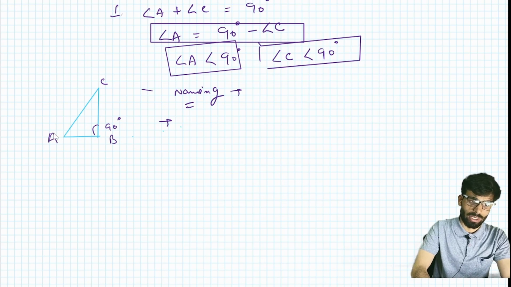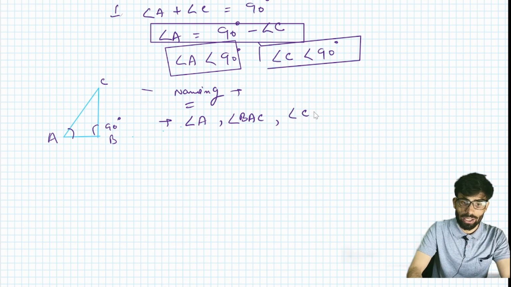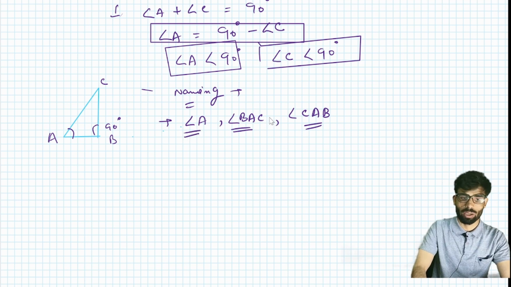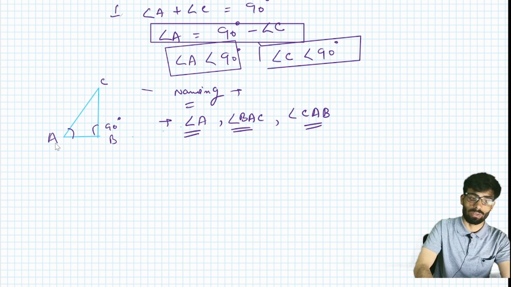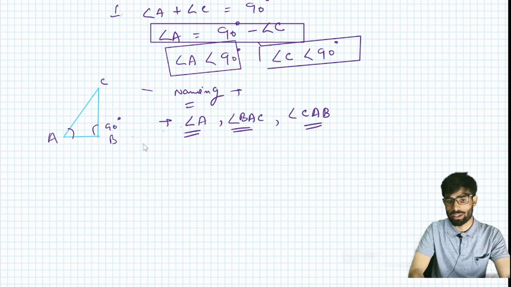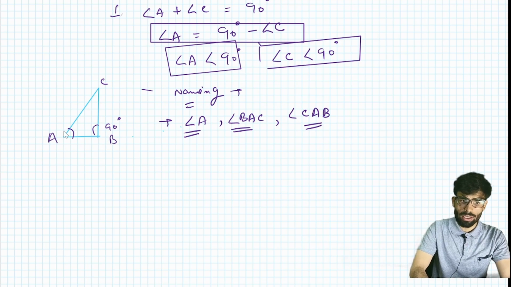Here, this angle, we can call it angle A, or I can call it angle BAC, or else I can call it angle CAB. While naming an angle, you should keep it in mind, as this angle was on the spot of A, that's why I called it angle A. Also, I used here angle BAC.